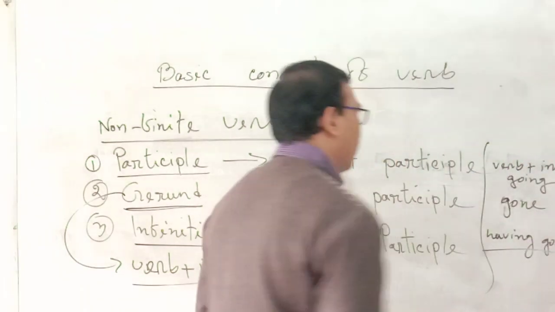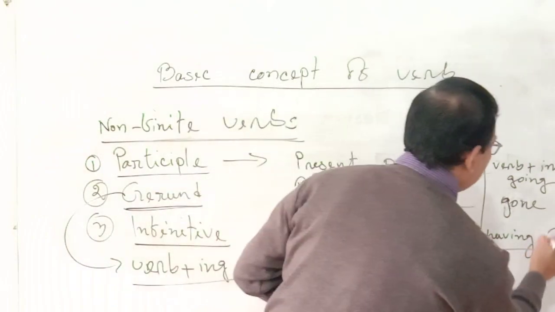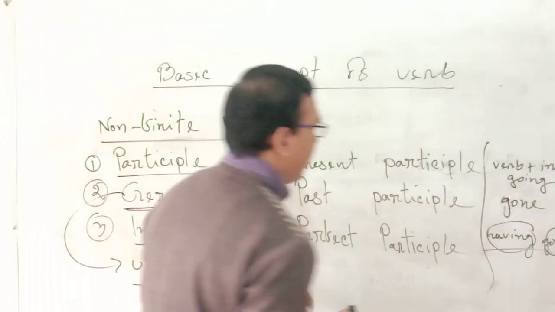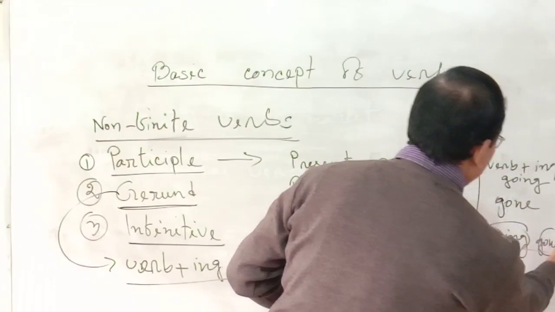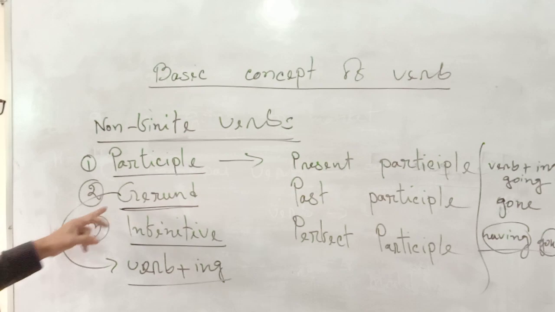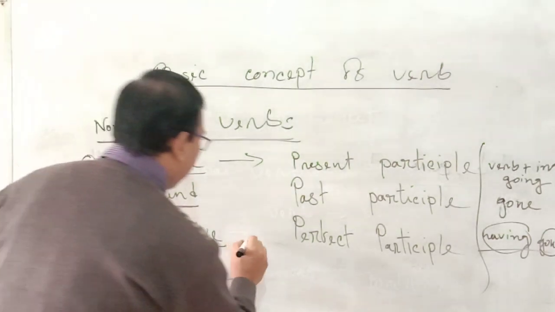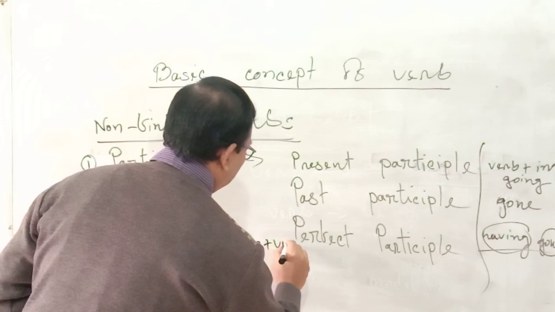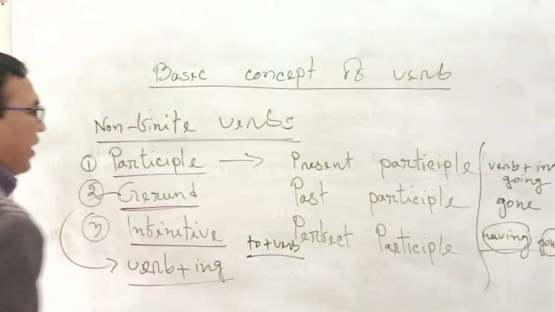Actually, perfect participle is the combination of both present participle and past participle. Gone is the past participle and having is the present participle. So participle, and then gerund, verb plus ing, and infinitive, to plus verb.